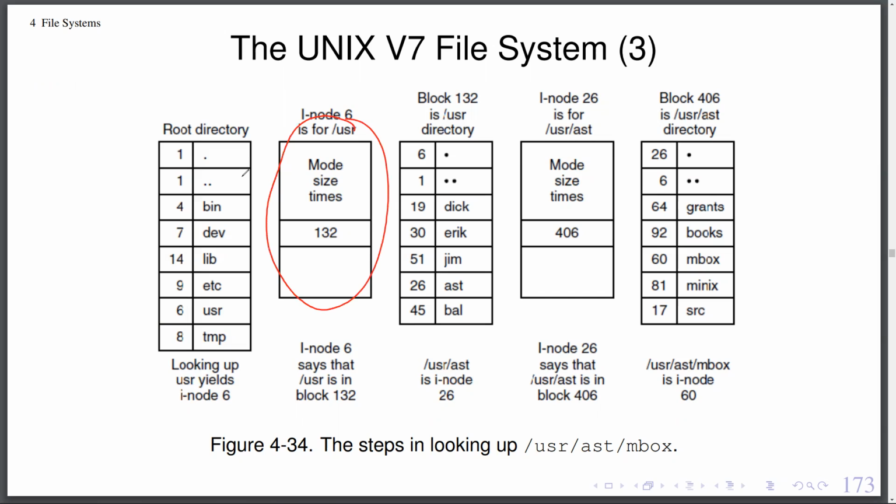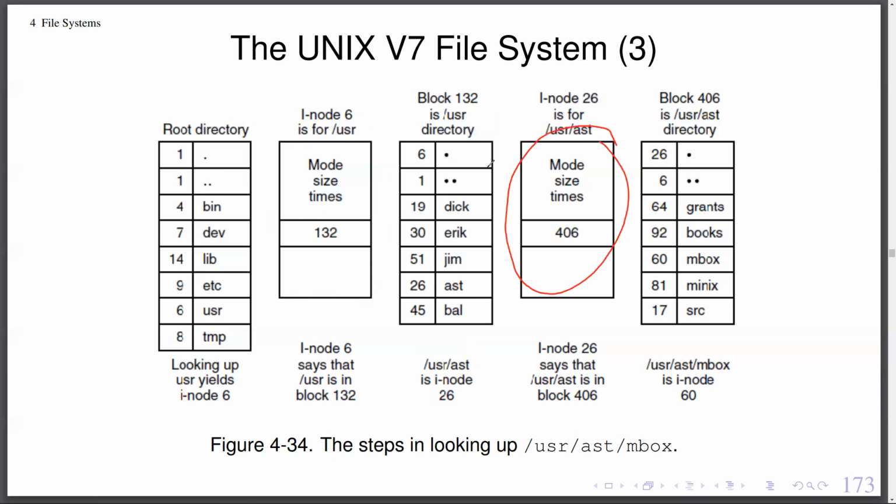Remember, this is stored somewhere on the disk, and it's got the information for where all the other data is for this folder, and it's in block 132. When we go to that block, we've got everything else we can look up within that directory to move on to the next part of the path. And we're looking for AST within this directory, and we find inode 26.